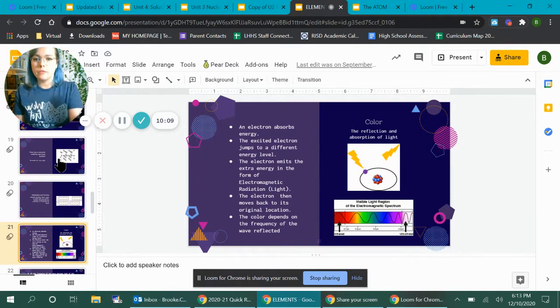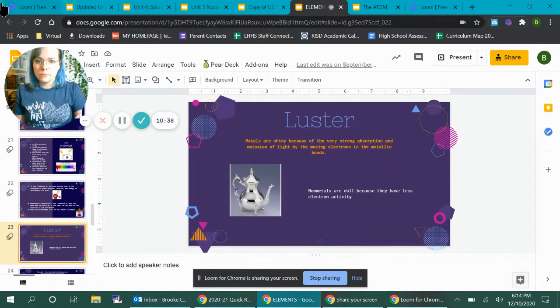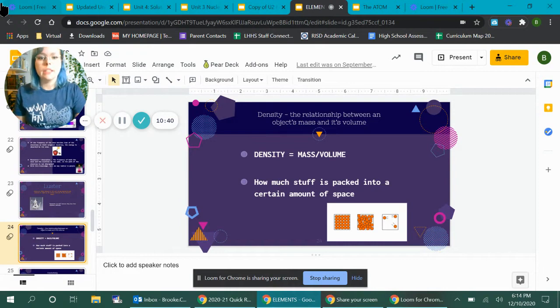So remember that, excited electrons move and then they emit like a wave, and that wave is whatever color that we're seeing. And everything like this mouse is basically absorbing pretty much every color except for like reddish. Talked about luster. Density equals mass divided by volume. Remember that.